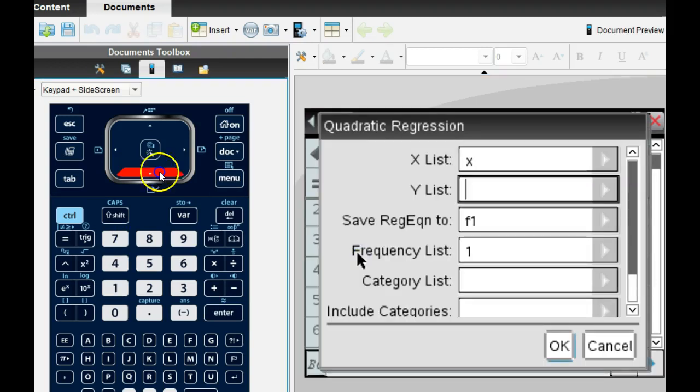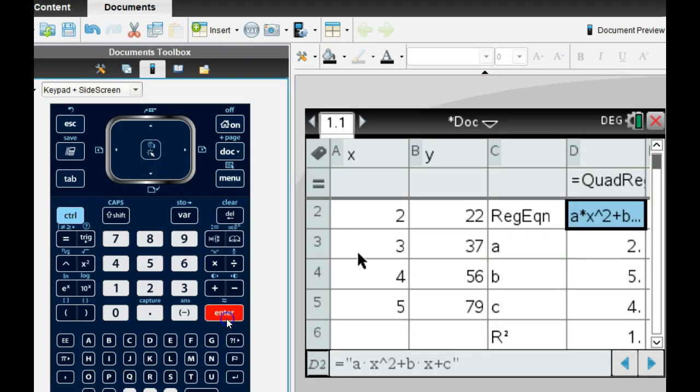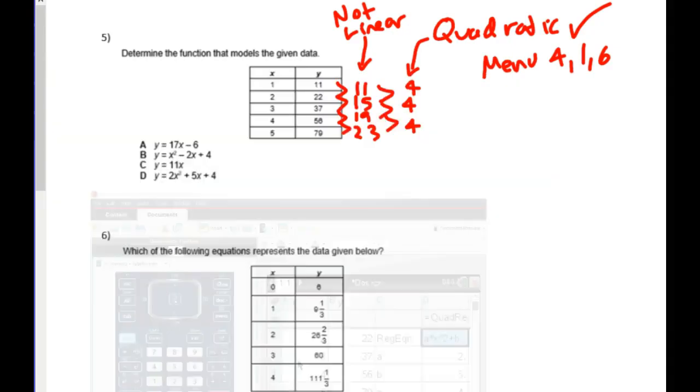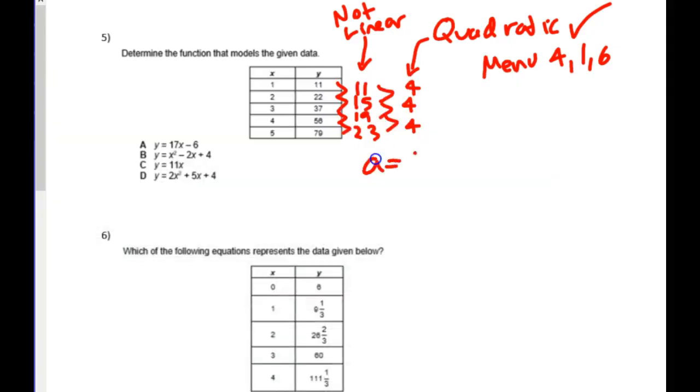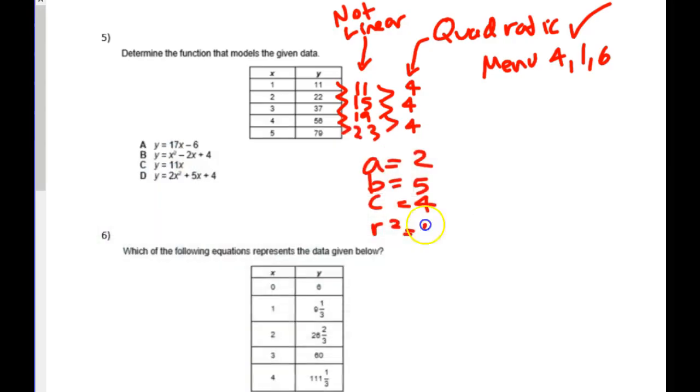X for x, y for y. A is 2, B is 5, C is 4. 2, 5, 4. And r squared was 1. Yay. Alright, so it has to be letter D.